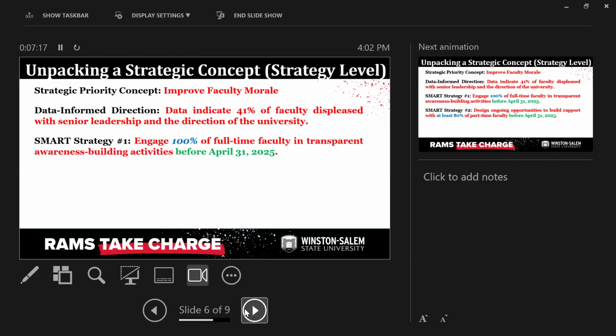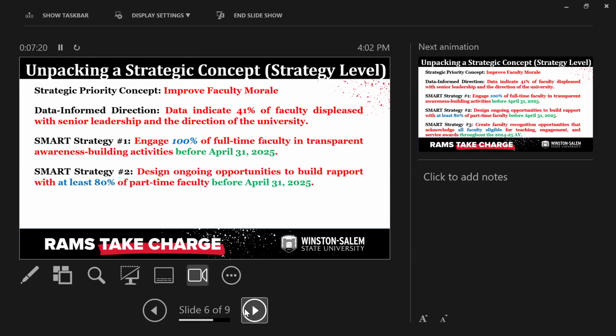Another SMART strategy might be we're going to design ongoing opportunities to build rapport with at least 80% of our part-time faculty before the end of the academic year, or before April 31, 2025.